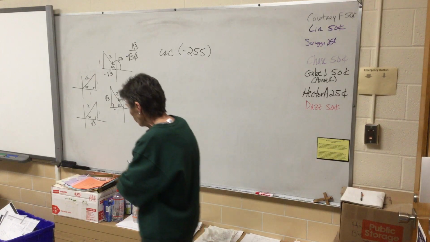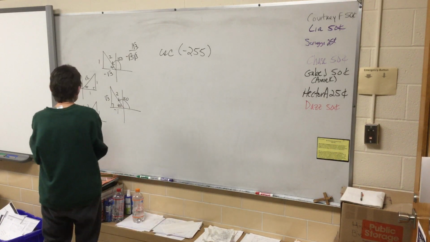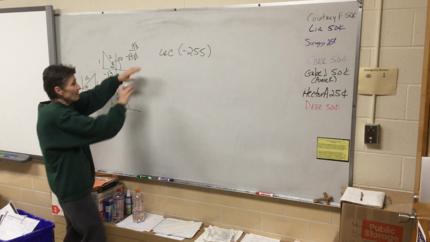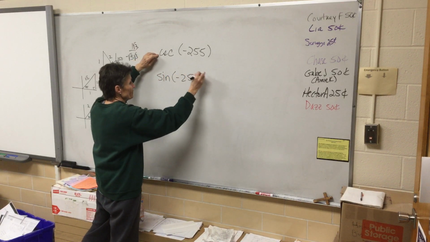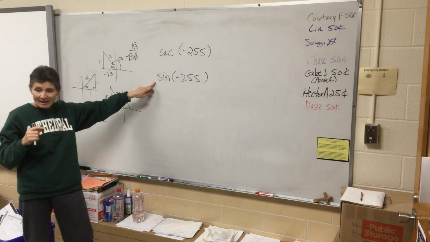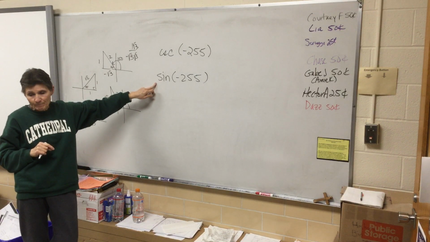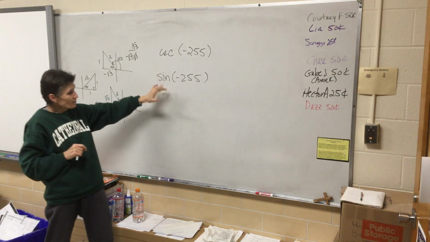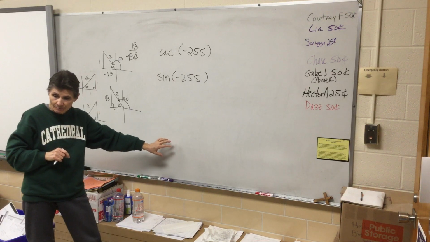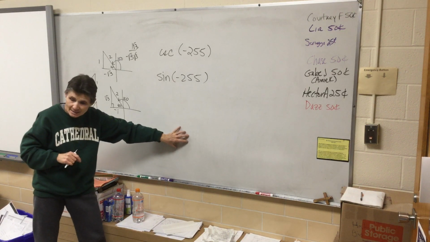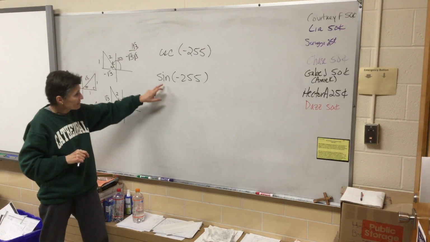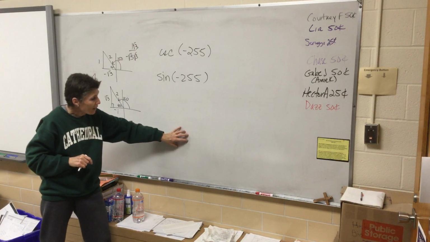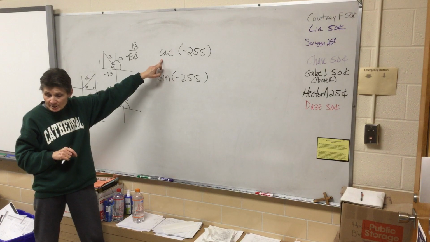So, what I would suggest that you do is pretend for a moment that this is the sine of negative 255, because that you have a formula for. And then once you work through it and you get your answer, since that answer will be the sine, what will you have to do to end up with the cosecant?